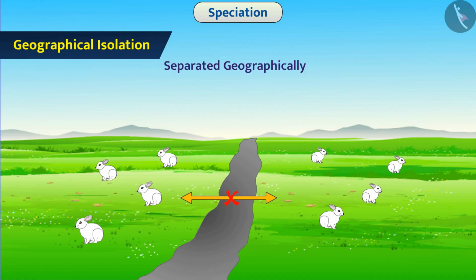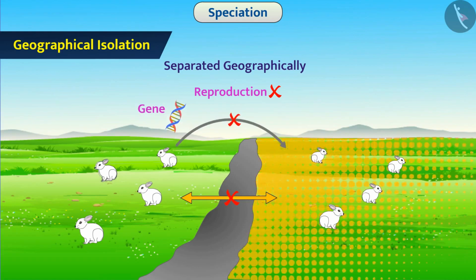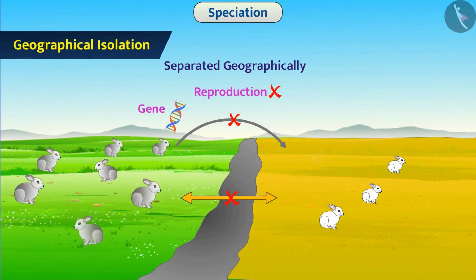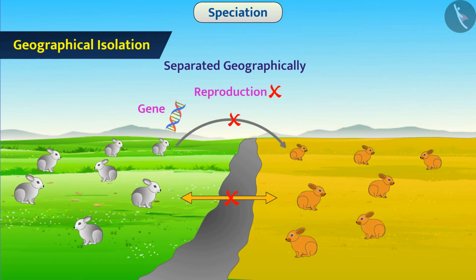Due to this, the organisms of the two groups cannot reproduce with each other, and thus the genes of one group cannot be transferred to the other. If the geographical conditions are different, then the natural selection and evolution in the two populations take place differently. They become different from each other over generations. Many times, this results in development of two different species.